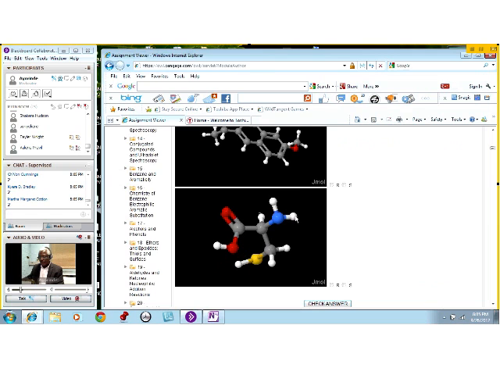This is the other molecule we need to determine the absolute configuration for. How many chirality carbons do you have in this molecule? Keep in mind that the blue is nitrogen, the yellow is sulfur. One is correct.